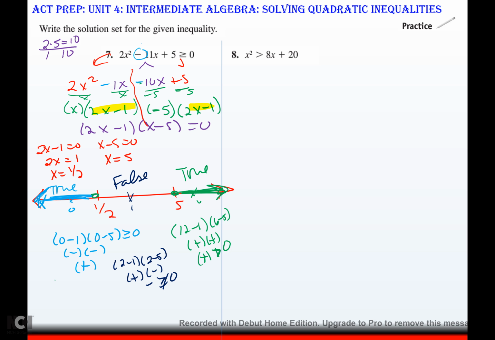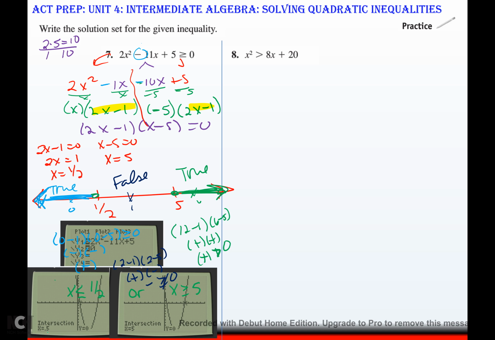And so my solution says x is less than or equal to 1/2, or x is greater than or equal to 5. Okay? And if you look at the picture, I want to know, when is the parabola above? Well, that's here and here, which corresponds to those x's and those x's.